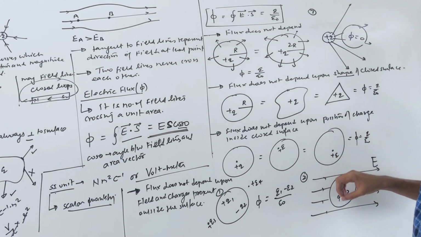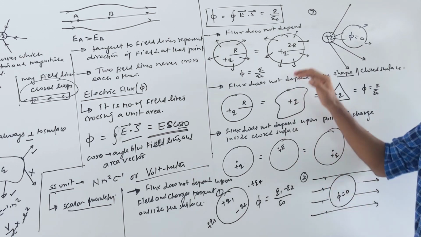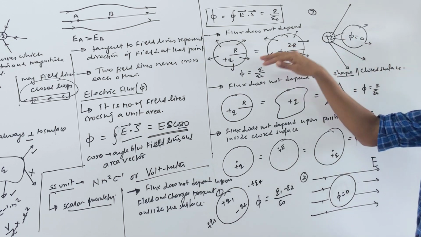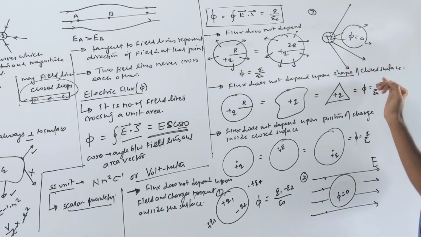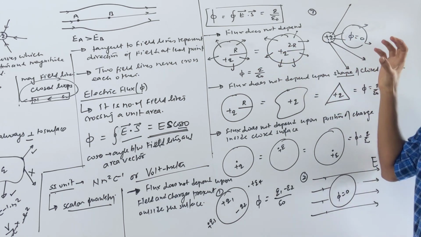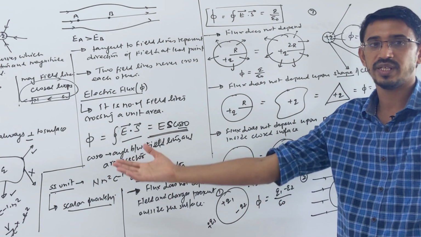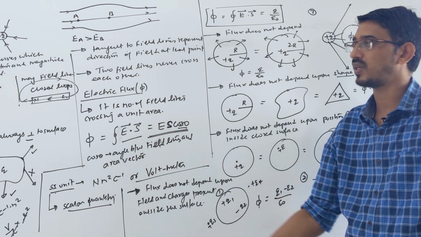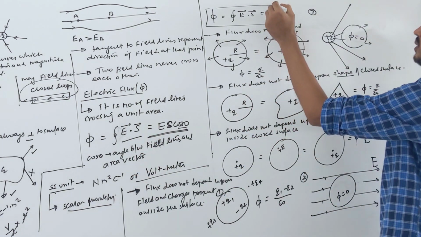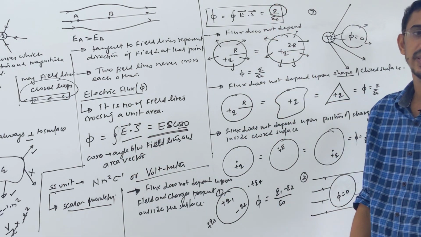We need inside only. So if you watch carefully, flux does not depend on the field, does not depend on your closed shape, area and position of the charge, also does not depend on outside things, outside charge or outside external flux, it depends only on the net charge enclosed by the surface.